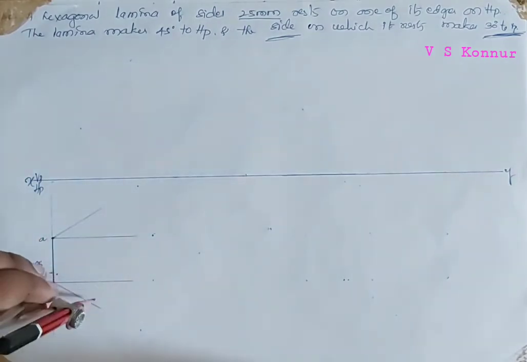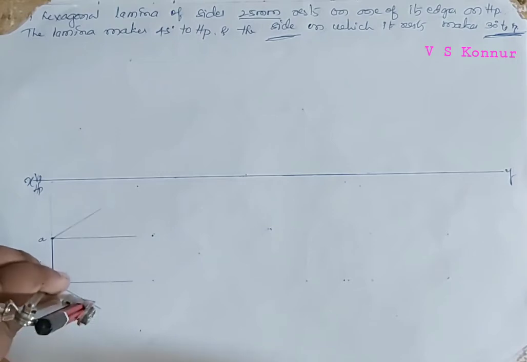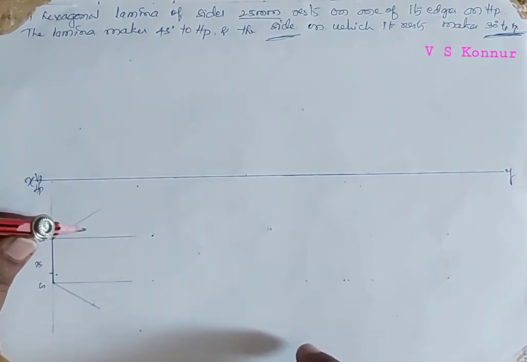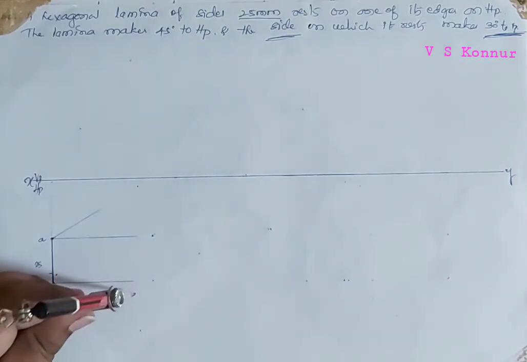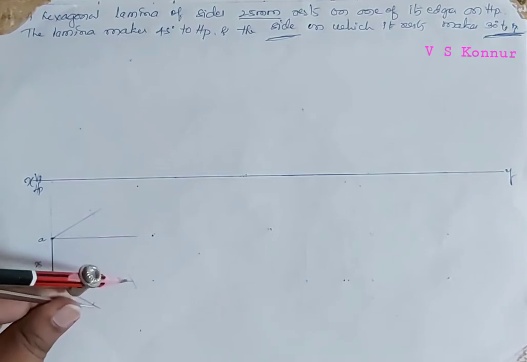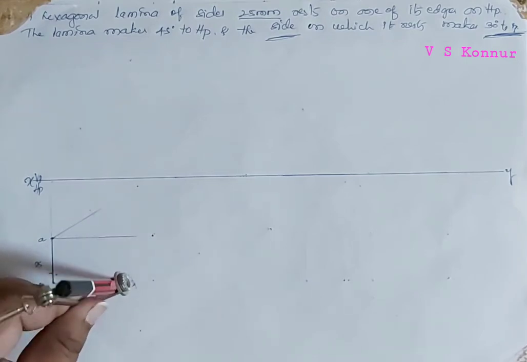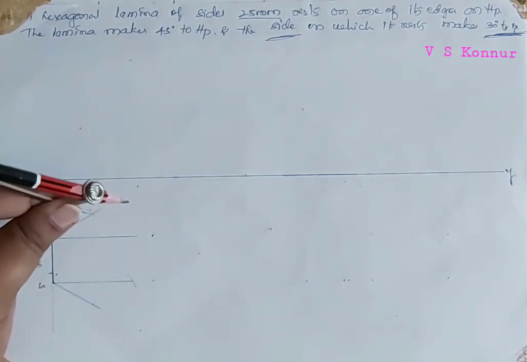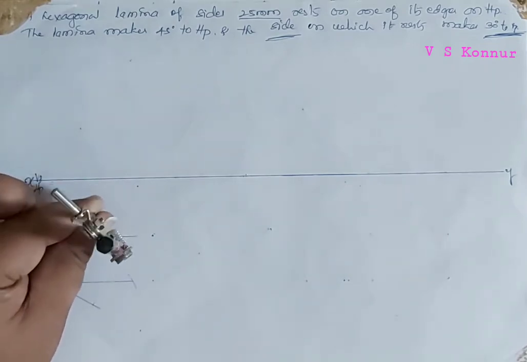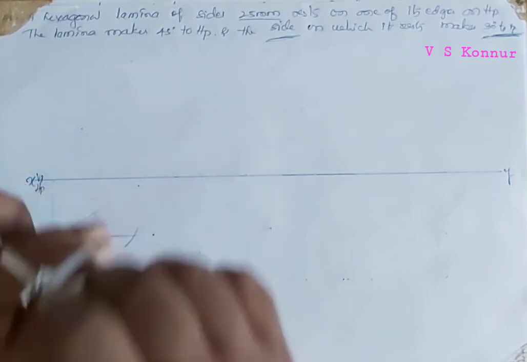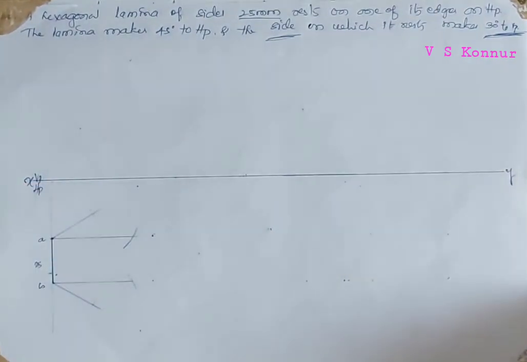Now we'll cut this length by 25 on either side. Right. Now once again from that point we'll cut this 90 degree line, on either side. Right. Now we got all the points here.